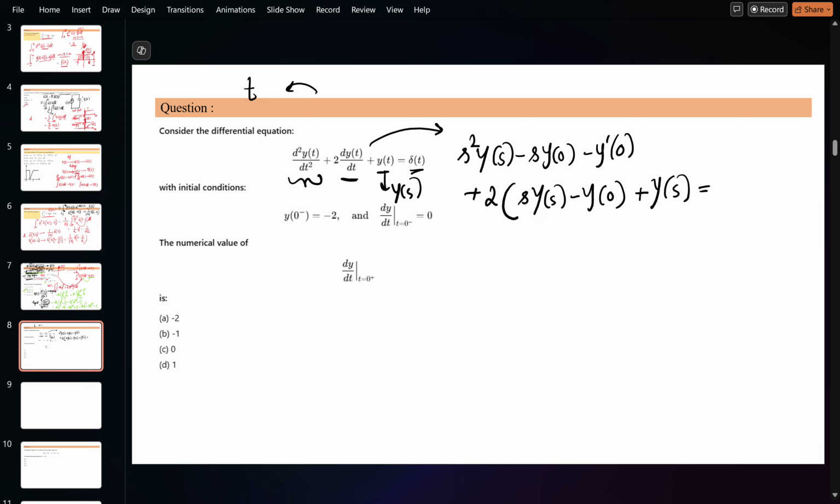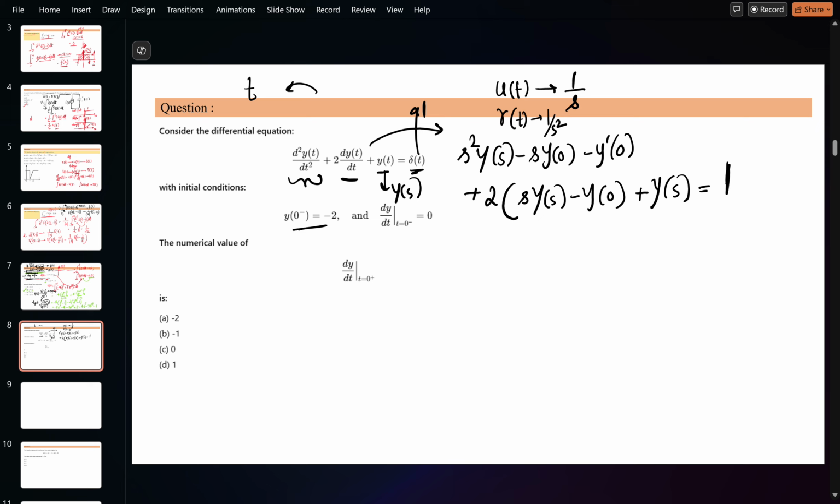And delta t in the time domain is 1 in the S domain. u(t) is 1 upon s, and r(t), which is t, is basically 1 upon s square.